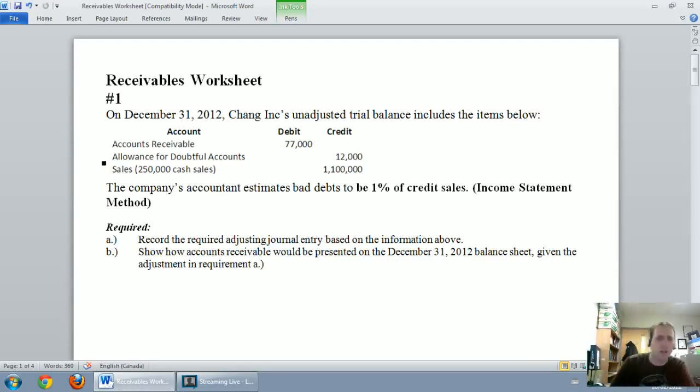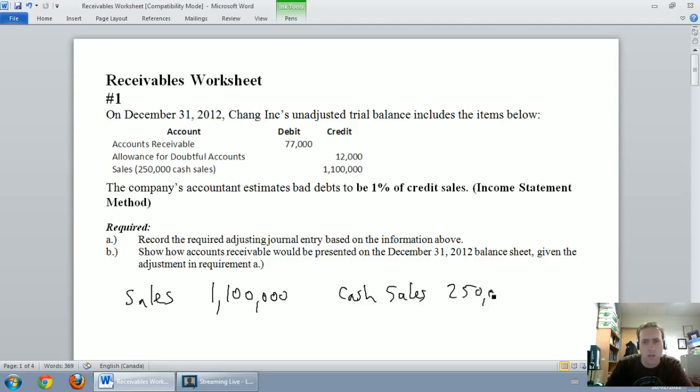I see sales are $1.1 million, and it says in brackets that there's cash sales of $250,000. So where are my credit sales? Well, if I sold $1.1 million worth of product during the year, and $250,000 of that was for cash, straight away for cash, the rest must have been on credit.